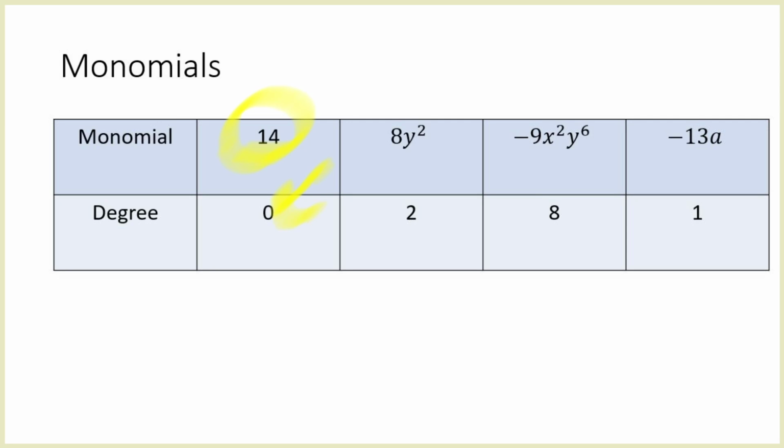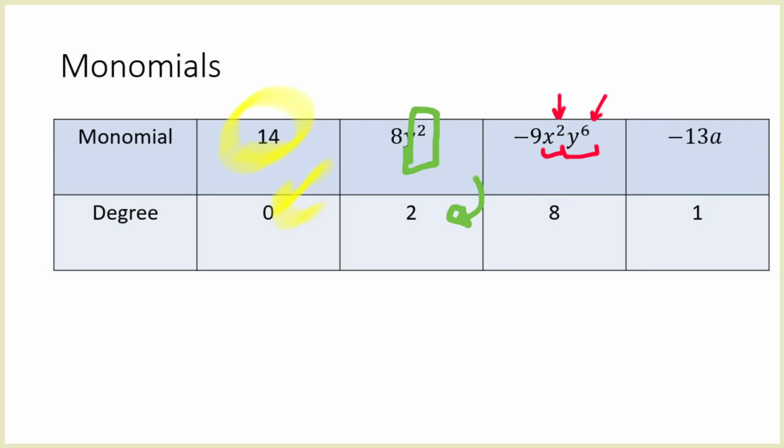For this next one, 8y squared, it has a variable with a degree of 2, so its degree is 2. This one has two variables in it, negative 9x squared y to the 6th. It has an exponent of 2 for one of the variables and 6 for the other one.